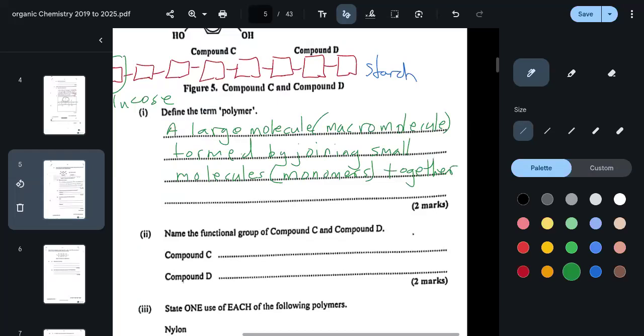So that's basically it. We are making a large molecule by joining smaller molecules together. So the small molecule is the monomer, and the macromolecule, that is your polymer. And that's it.